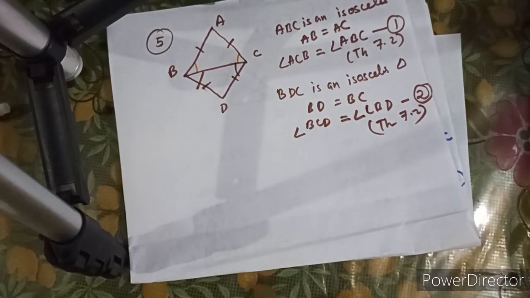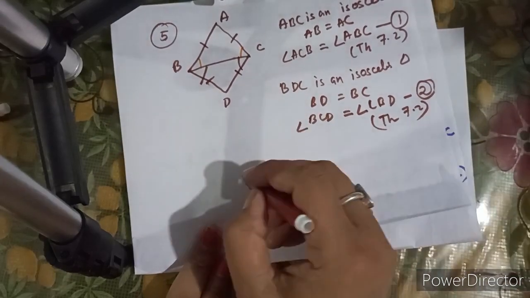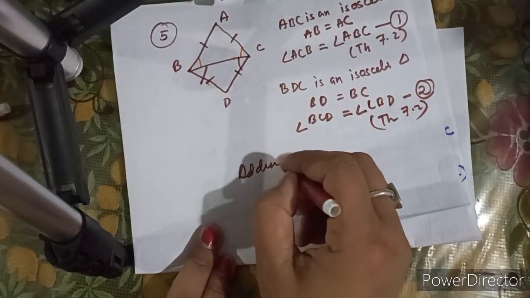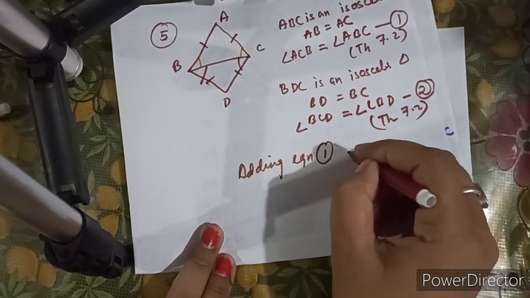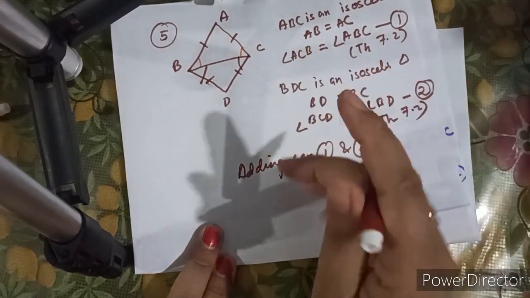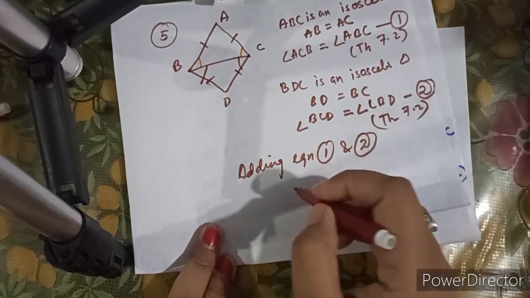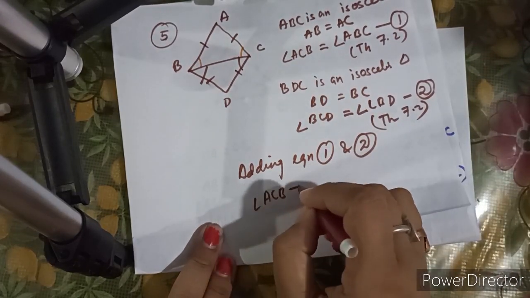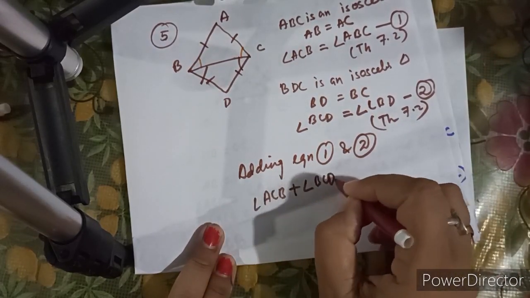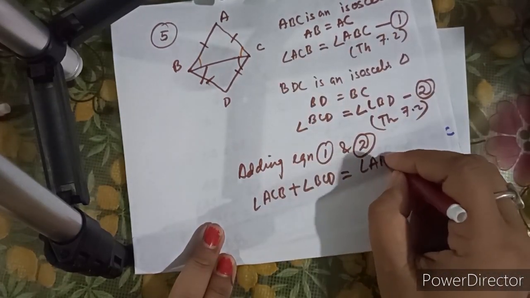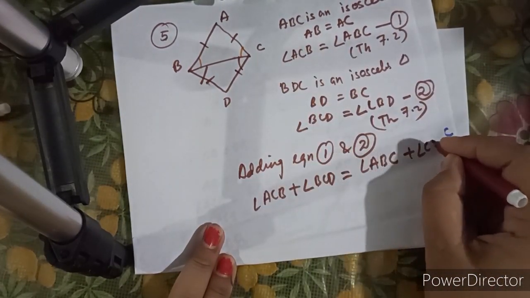So what I will do is let us add both equation 1 and equation 2. So equation 1 means your ACB plus angle BCD, and on the right hand side you can see ABC plus angle CBD.